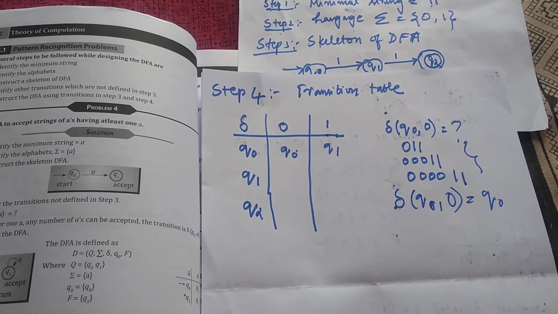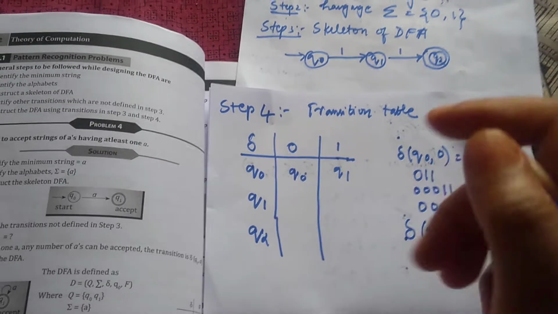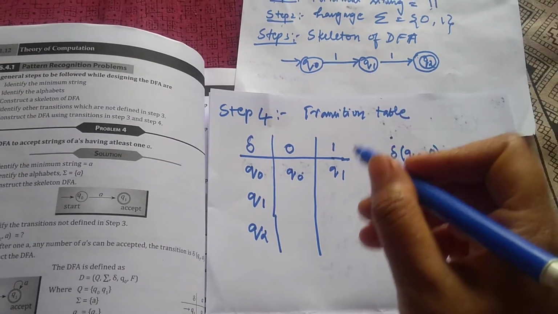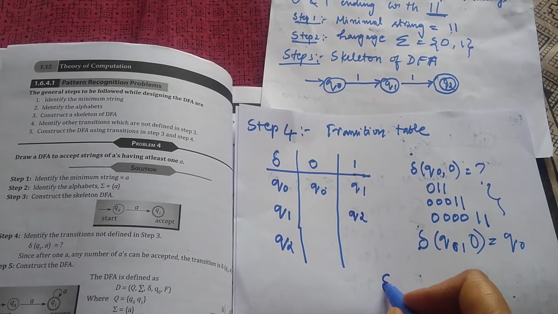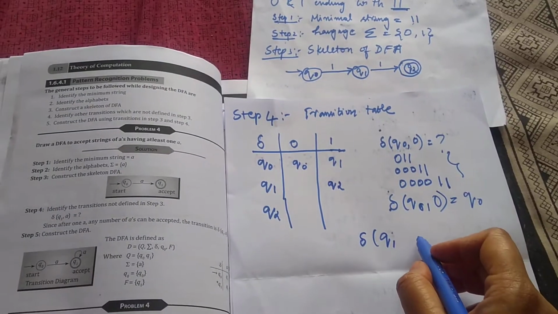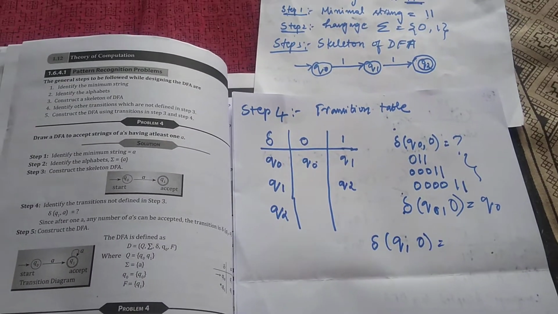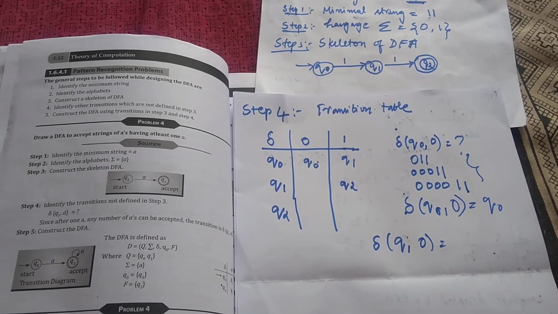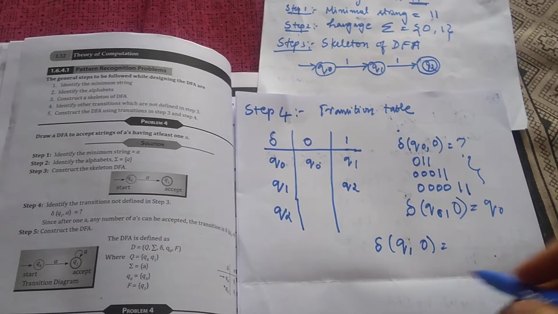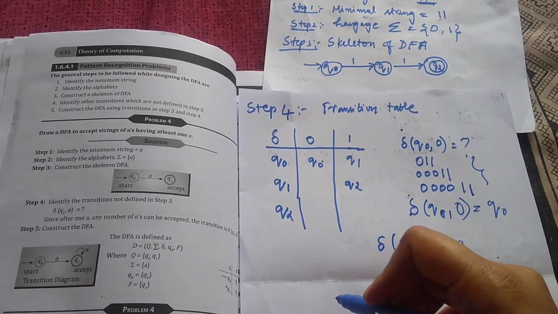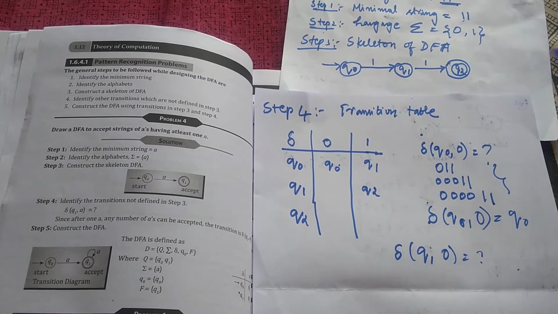Next, Q1 upon 1. In the skeleton, Q1 upon 1 will land at Q2. But what is delta of Q1 comma 0? What happens here? If you try a self transition at Q1 in the skeleton, what happens? 1001, 1000, like this it will come.